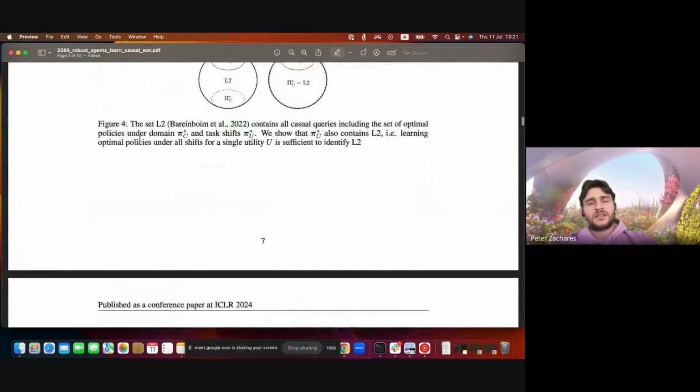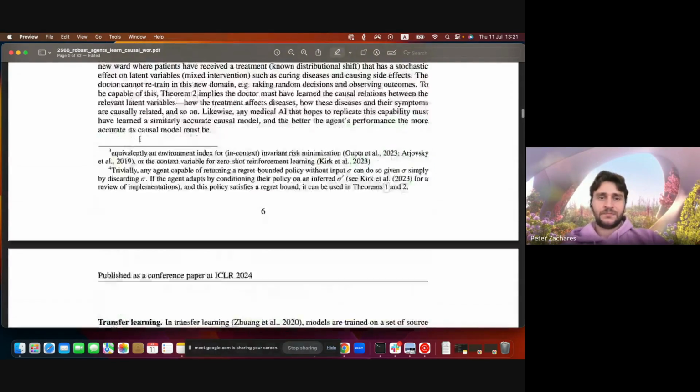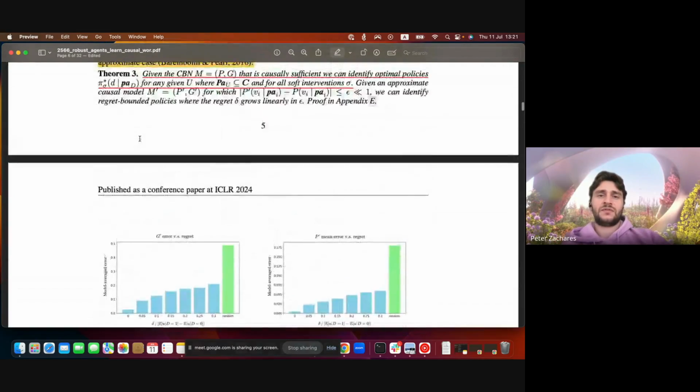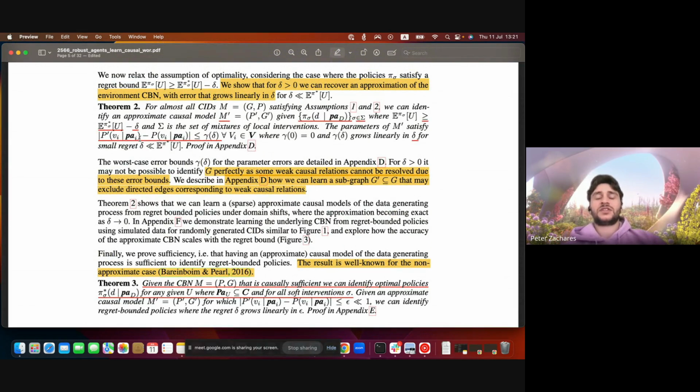So yeah, that's the main idea of this whole paper. The fact that we can show sufficiency between these two things, and that there's a deep connection between robust policies and learning causal models of the world, which is something that before this there was no result that could prove that connection. It was always speculated but never proven.